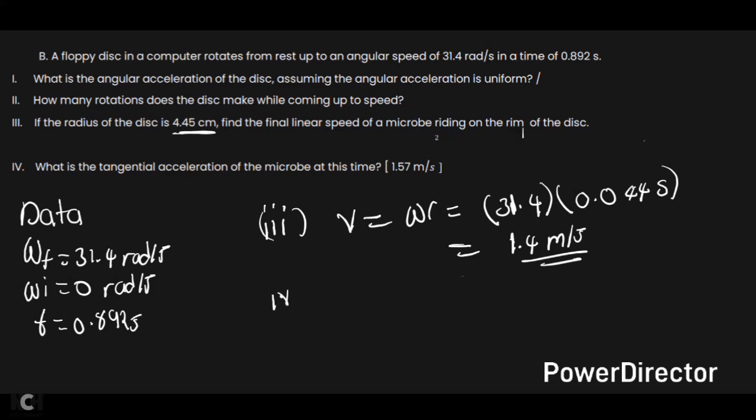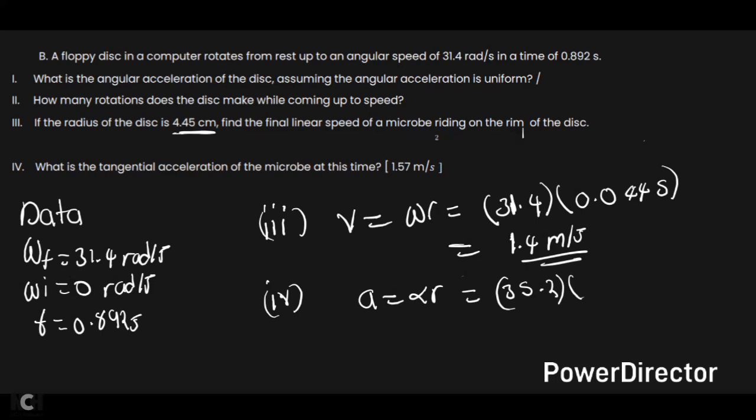The other one that's saying, what are we calculating? Tangential acceleration. So remember, how do you calculate the tangential acceleration? Meaning that you're calculating the acceleration that is in the linear. So acceleration is equal to alpha times what? Radius. So what is the alpha? The alpha that we calculated, if you remember properly, we calculated on the first question, which is what? 35.2.